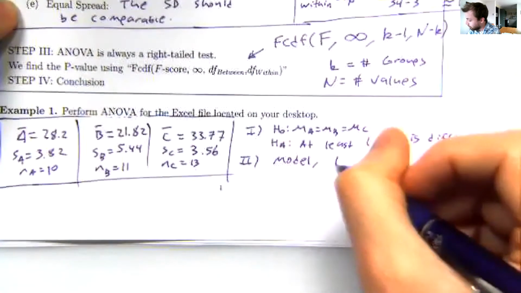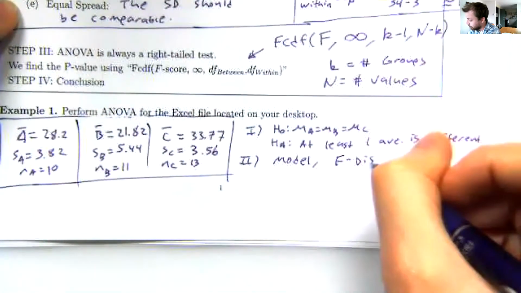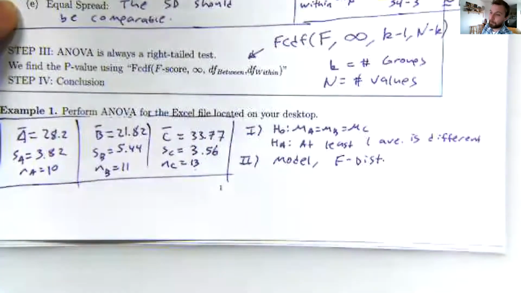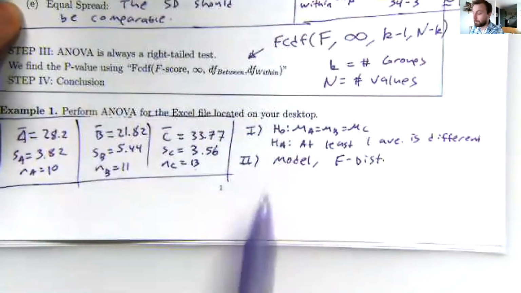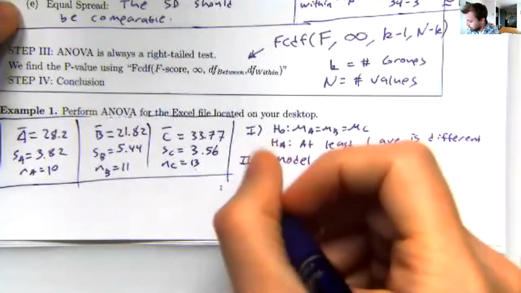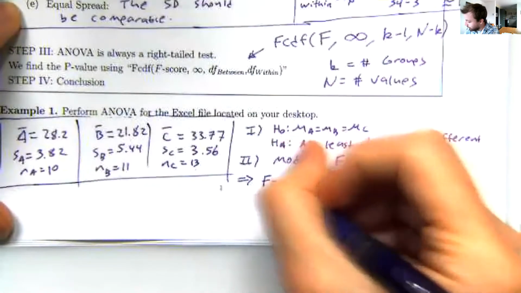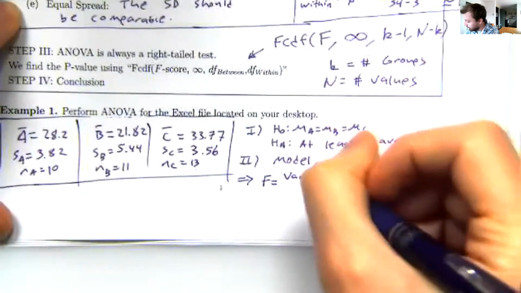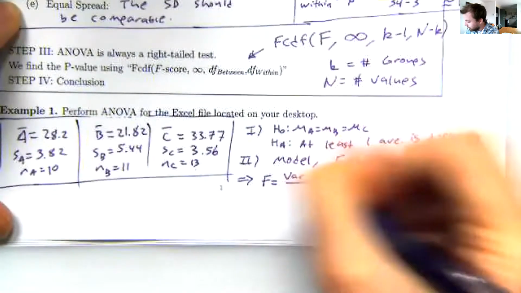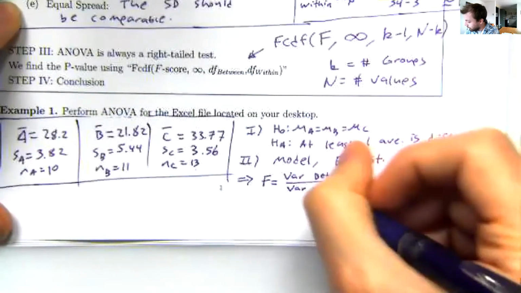And the model that I'm using is the F distribution. The name of the test, all 4 steps, is called ANOVA, but the model is called the F distribution. And my F, I'm going to find by taking the variation between divided by the variation within.